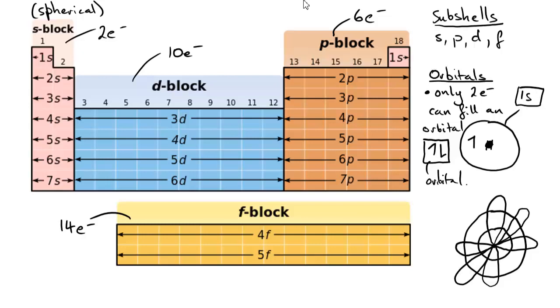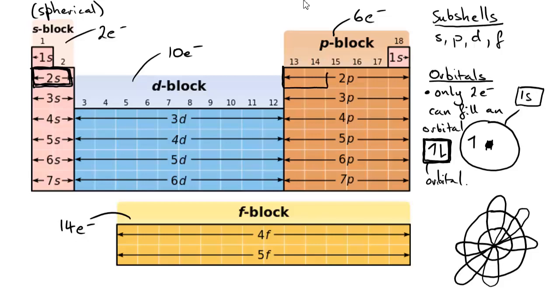Now an orbital can only fit 2 electrons in it. So if you have a look at the S block, the S block only has 1 orbital, because it only has a potential of 2 electrons, and one of these boxes is considered an orbital, and an orbital has a maximum of 2 electrons in it. If you have a look at the P block, it has more orbitals.